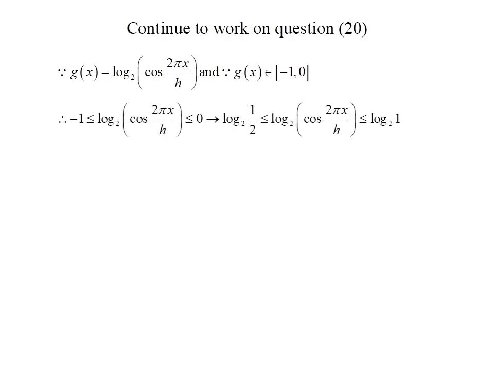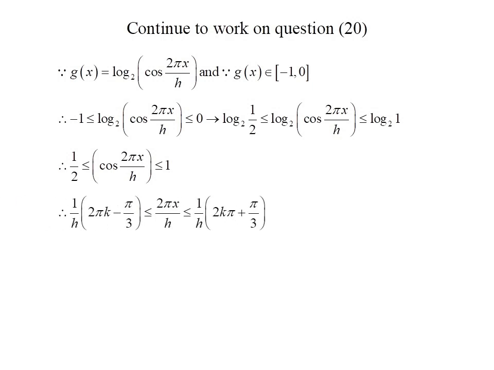Here we continue to work on question 20 of section A. Since g of x equals logarithm base 2 of cosine of 2 pi x over h, and the range of g of x is within the closed interval from -1 to 0, logarithm base 2 of cosine of 2 pi x over h is greater than or equal to logarithm base 2 of 1 over 2, but less than or equal to logarithm base 2 of 1, which can be written as cosine of 2 pi x over h is greater than or equal to 1 over 2, but less than or equal to 1.